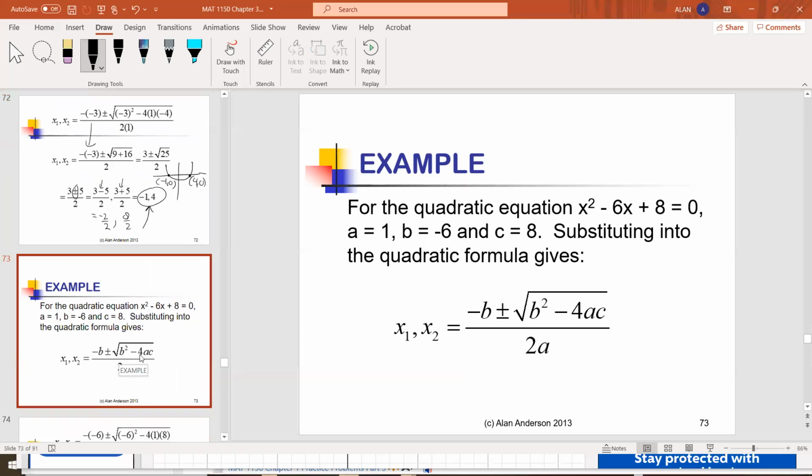So what I'd like you to do to get some more practice is plug these in and solve for the two values of x. And then we'll throw this into Symbolab and see what it looks like.